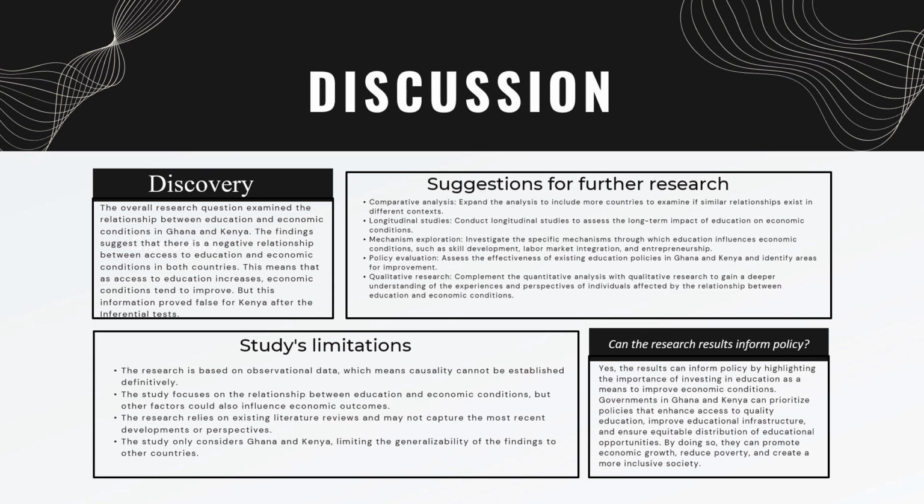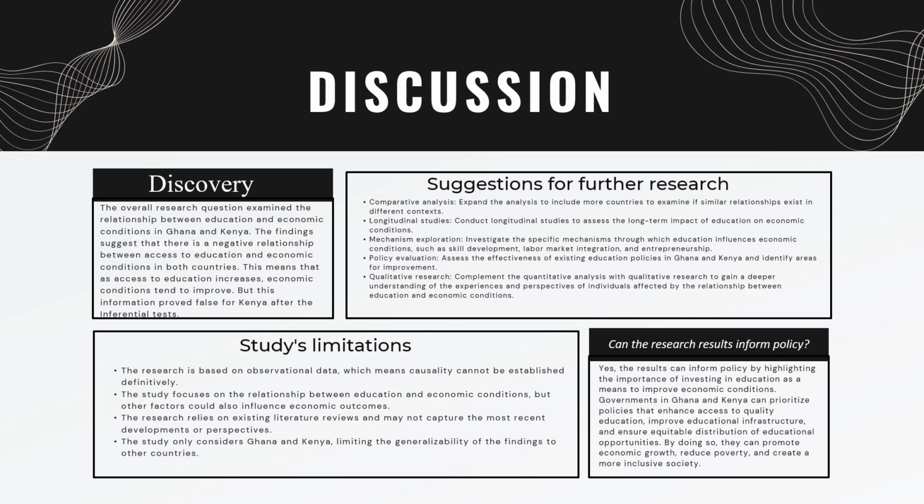Another limitation was that the focus on factors which affect economic conditions was limited. The factors which cause an economy to boom or not were not counted in this research, and therefore it would not really have a strong basis to make decisions.